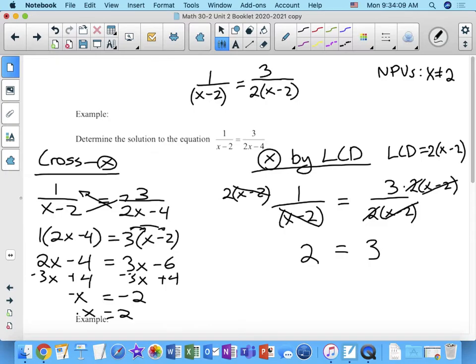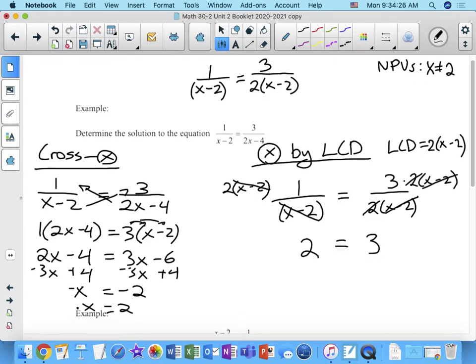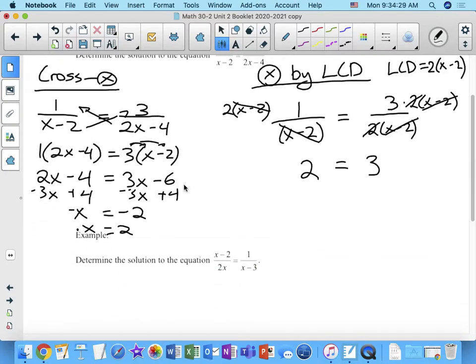I got an answer to the linear equation without checking to see if it was extraneous, right? This, x equals 2, is a non-permissible value. So what that means is that there's no solution. Whereas when I multiply by the LCD, I get something that doesn't make sense, which also tells me there's no solution.